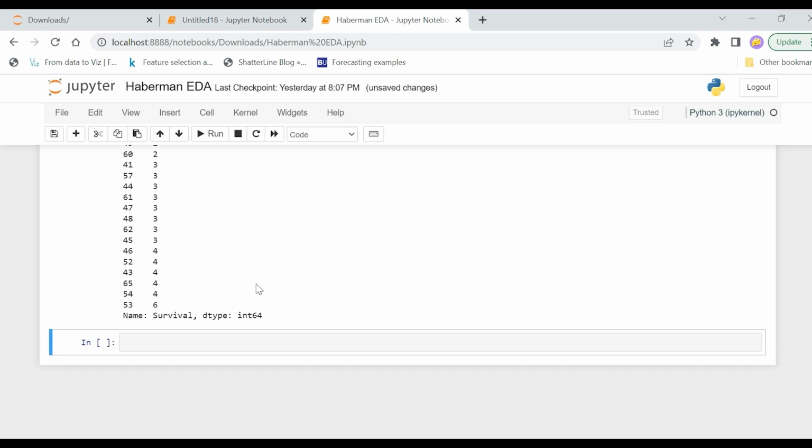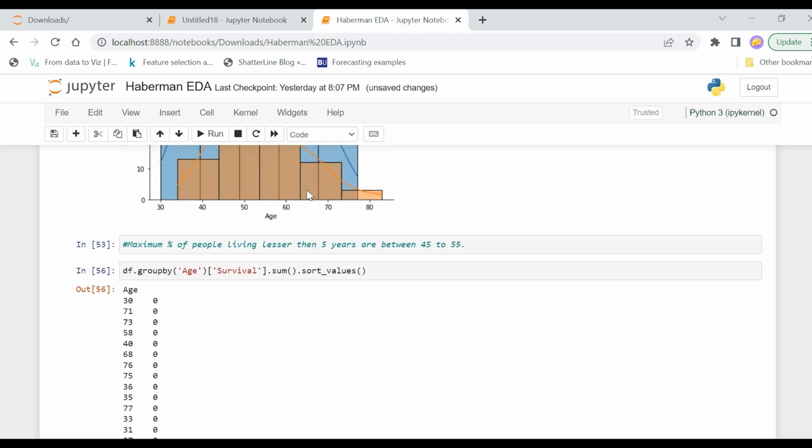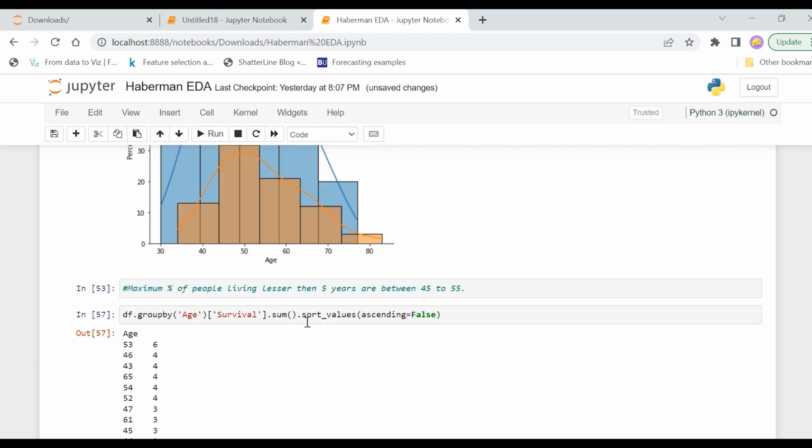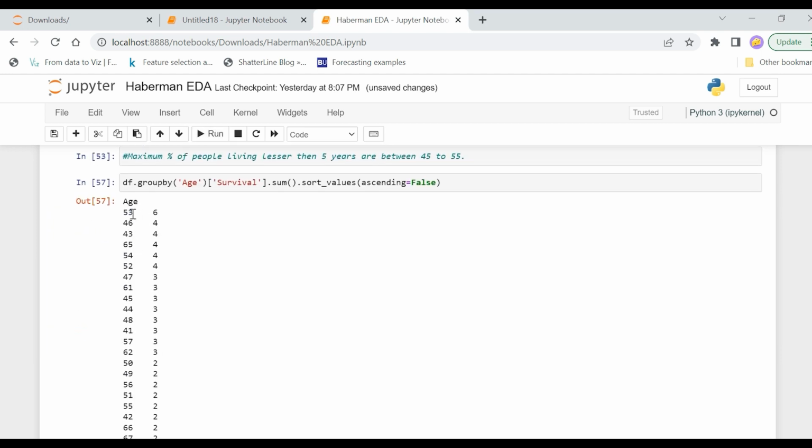So here you can see that people of age 53 have the maximum, like 6 people are positively declared. This is sorted in ascending order. I'll just have to do ascending equal to false. So here I can see 53 people have been served.